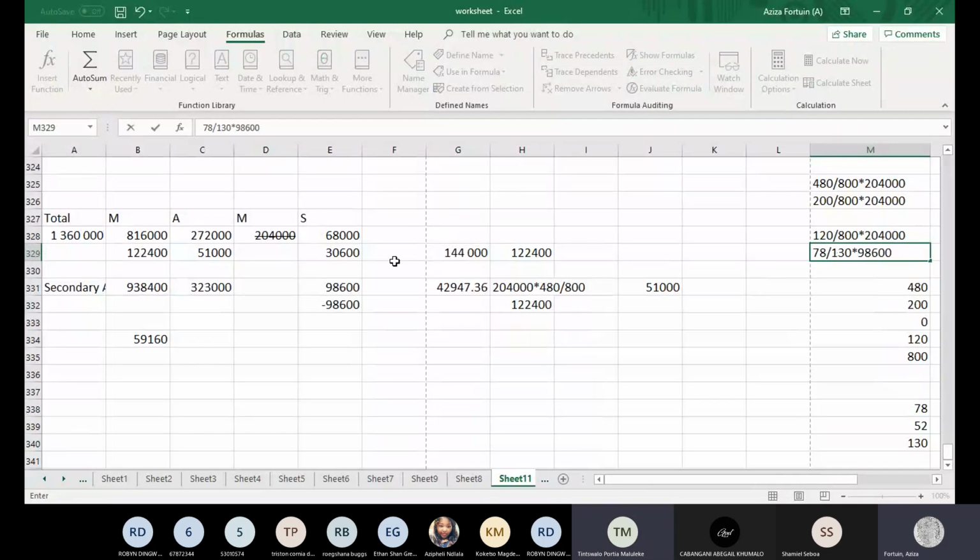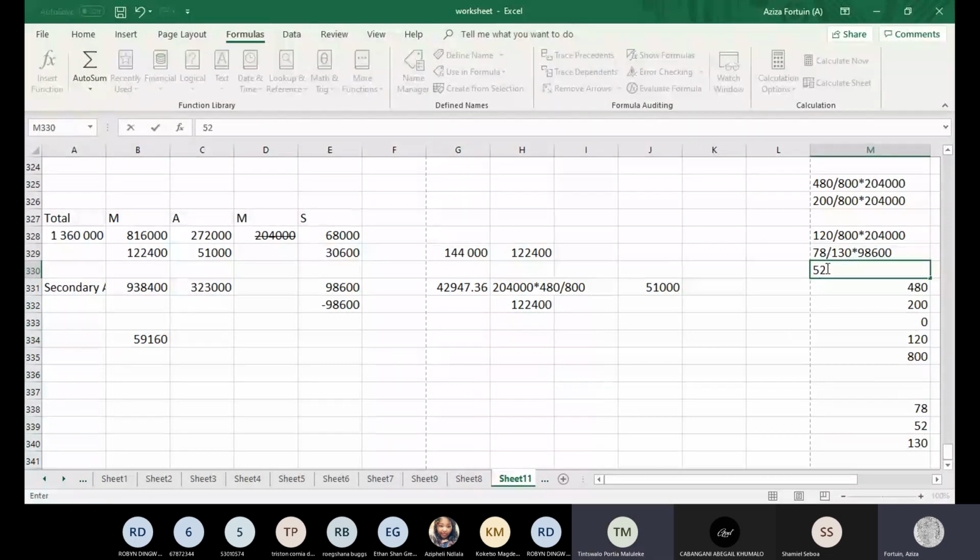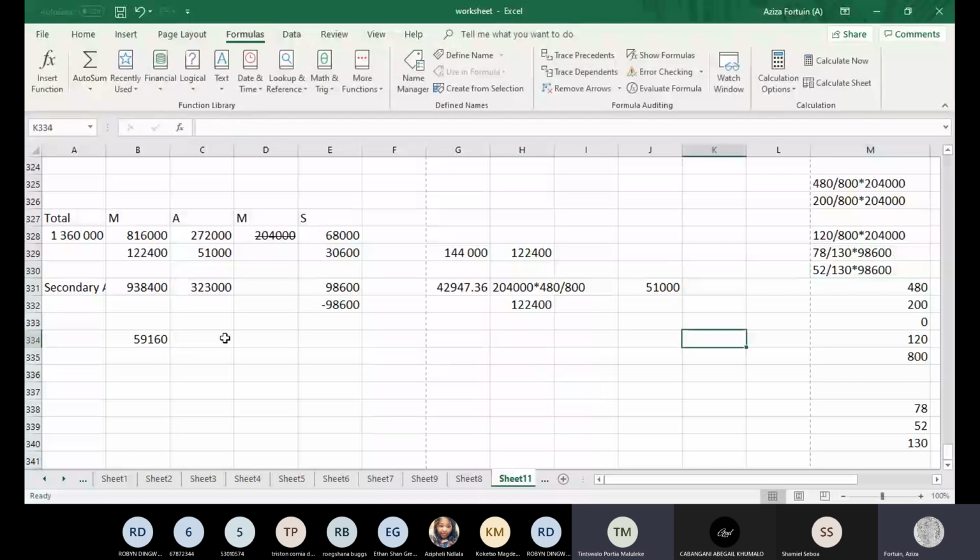Then you're going to get the amount of 59,160. Then you take the 52 and you apportion it: divided by 130 times your 98,600. And then you're going to get the amount of 39,440. And that will equal your 98,600 that we are going to write off.